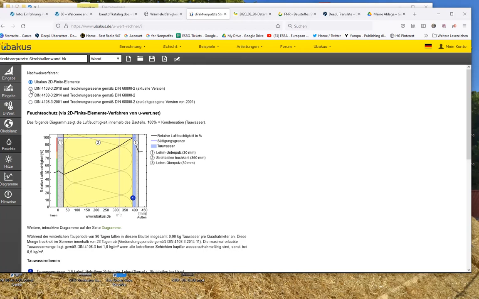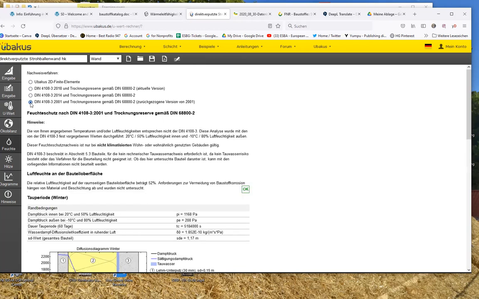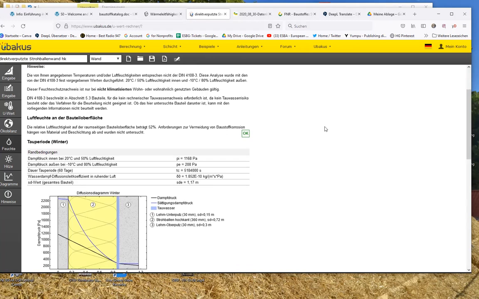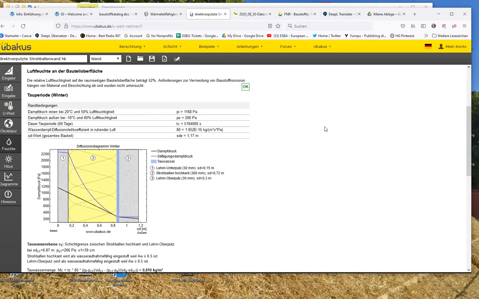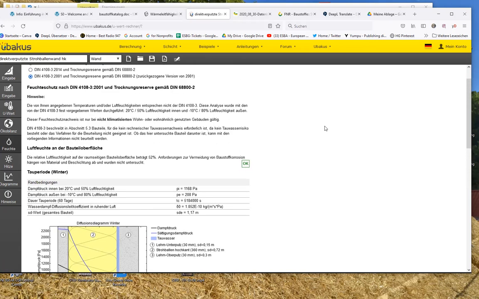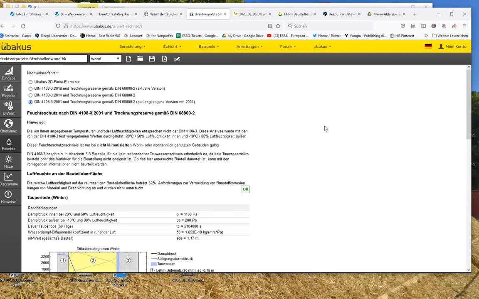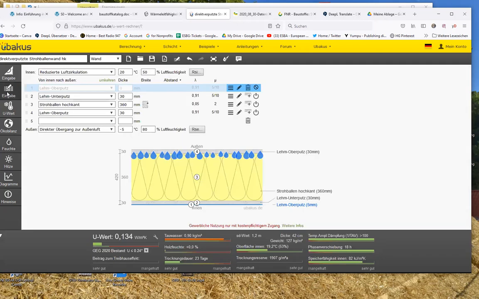up to some amount of water which is condensed, it's still okay if the overall one-year evaluation is positive. It means that after the winter season you may have some dew there, but it will still evaporate in the rest of the year, or maybe during the first months of spring. This also depends on the outside temperature.